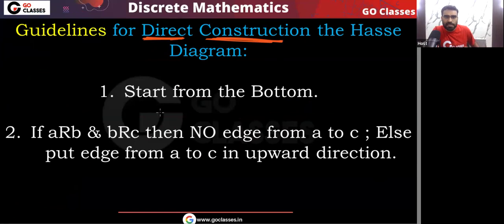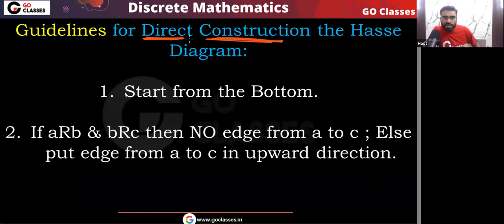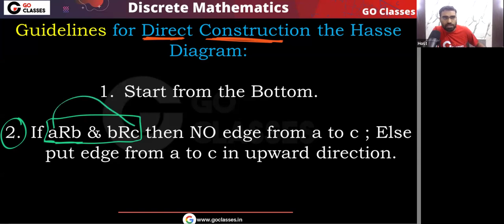These are the guidelines. Start from the bottom. Basically, always start from the element which is related to many elements. So remember, always start from the bottom. Next, read this second statement. If A is related to B, B is related to C, then will you put an edge from A to C in the Hasse diagram?